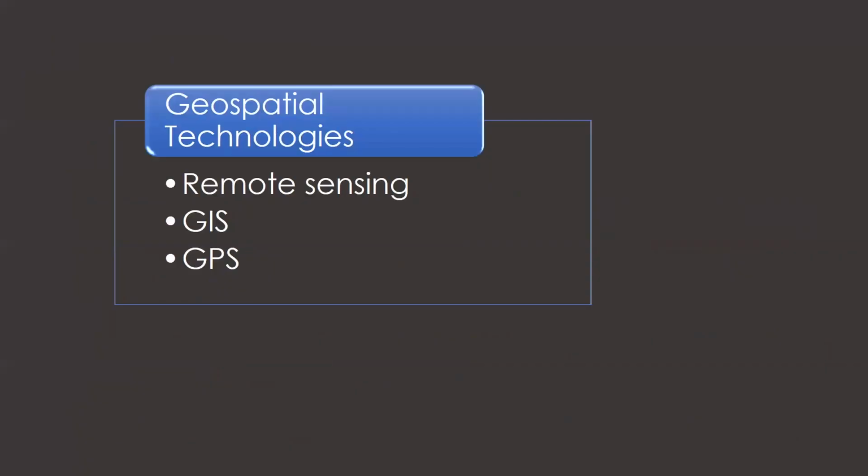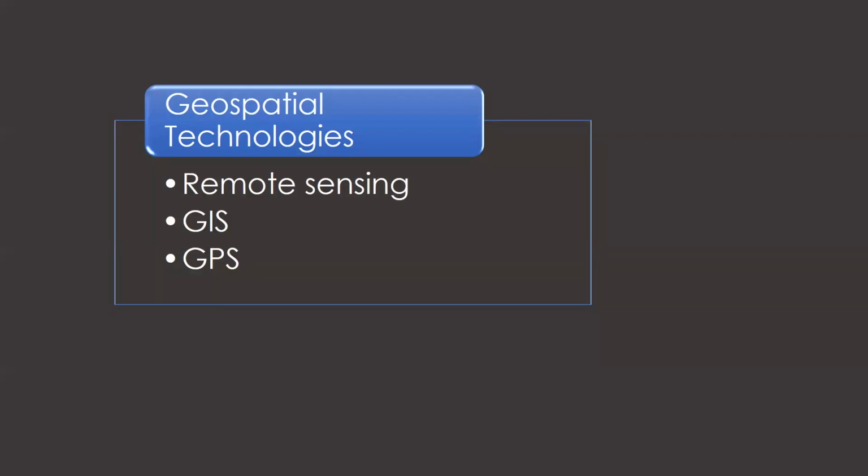Let's come to the geospatial technologies that we are basically interested in as geoarchaeologists, or people working on spatial and temporal details. The first and foremost important one is remote sensing. Remote sensing is nothing but studying something remotely. I'll come to that. The second aspect is the geographical information system, that is GIS.